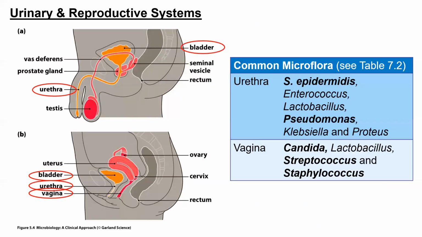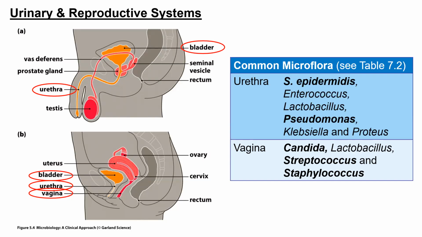Okay, so moving on, let's talk about the genital areas. Of course, there are differences between the sexes, male versus female. Maybe the first thing to mention is the urinary tract.